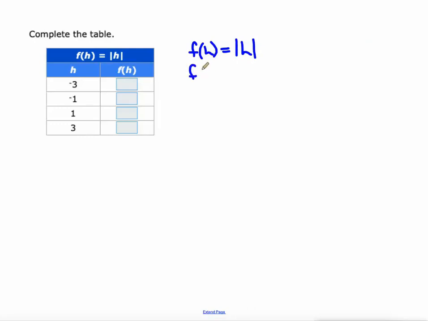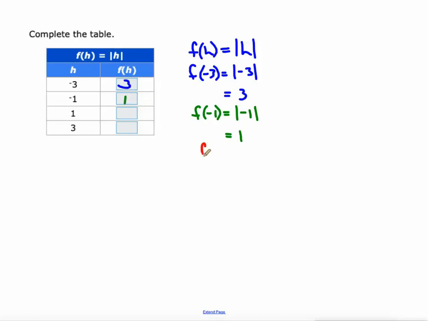So if we do f of negative 3, it's going to be the absolute value of negative 3, which is 3. If we do f of negative 1, it's going to be the absolute value of negative 1, which is 1.